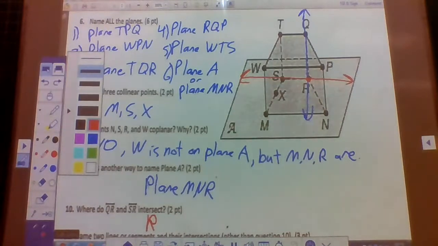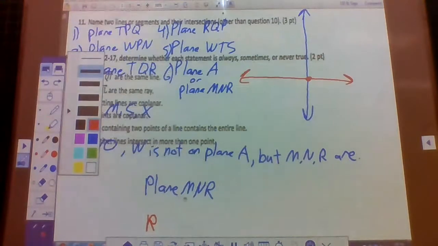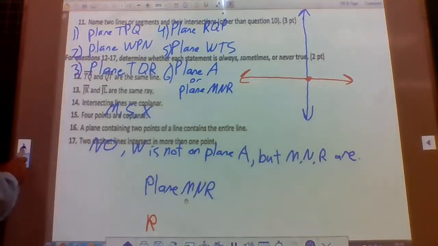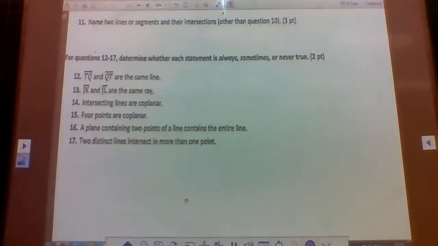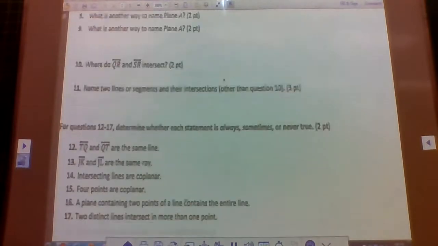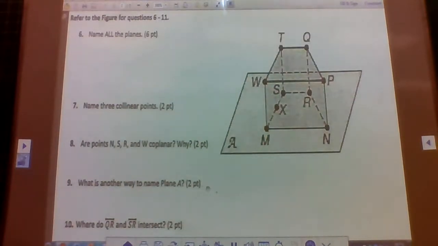But let's scroll down. We're still using the same diagram. So I'm going to have to go up and down a little bit here. And name 2 lines or segments and their intersection other than question 10. So if we scroll up to our diagram, we can pick any 2 lines here.